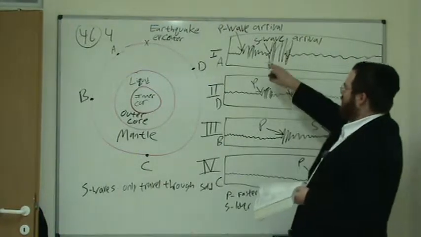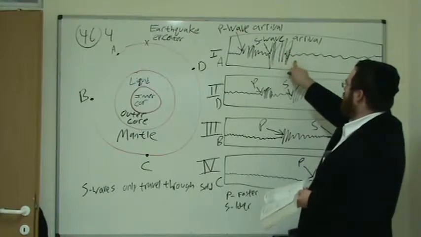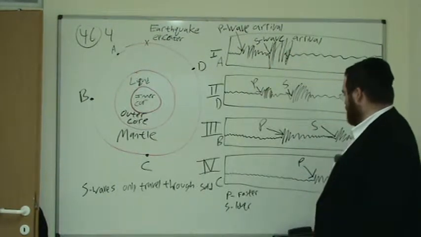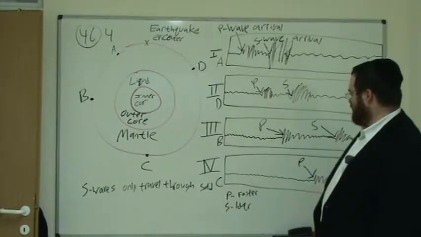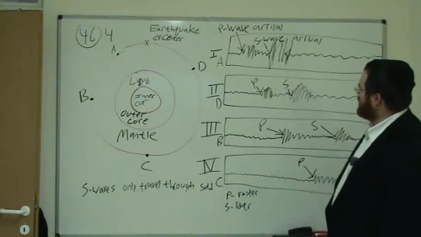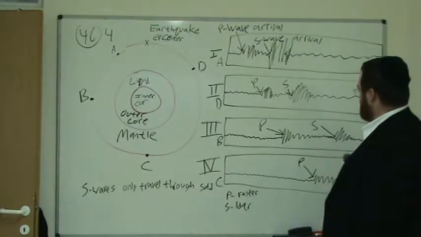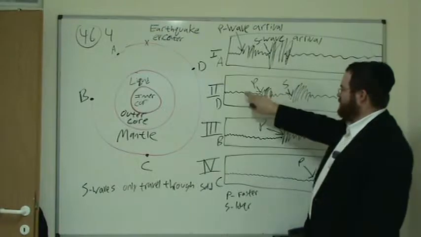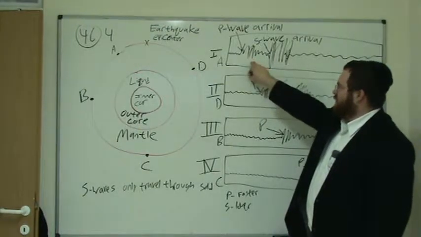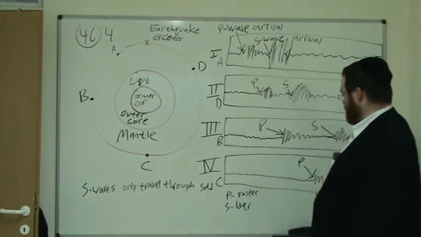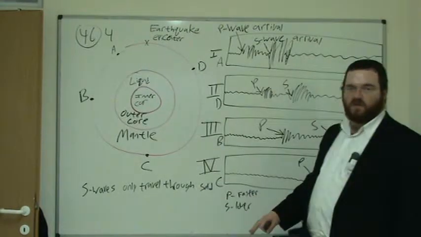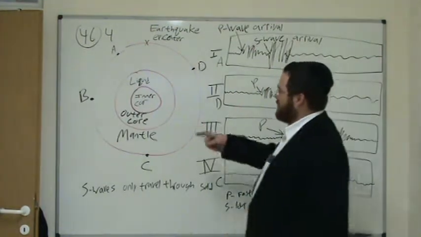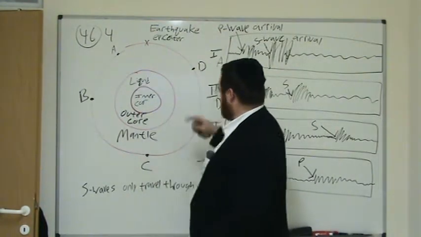In station A, you see the S wave and P wave arrivals were very, very close. And then as it goes on, the S wave arrives later. That means what arrived first? The P wave arrives first. Why does the P wave always arrive first? Because it's much faster. The S waves take longer to reach those stations A, B, C, and D.